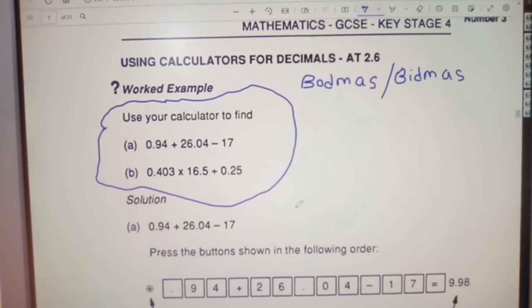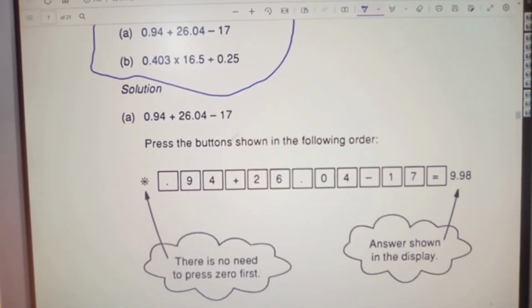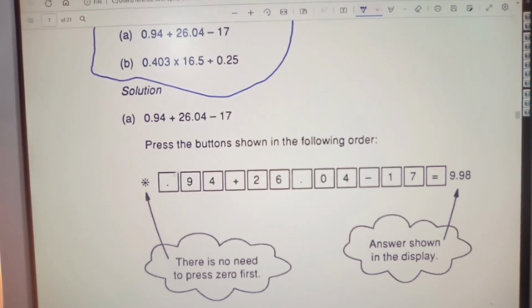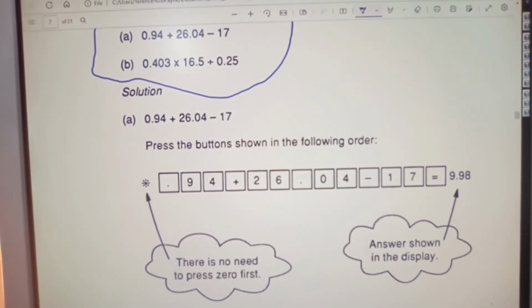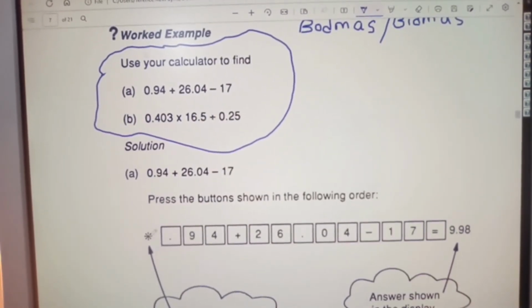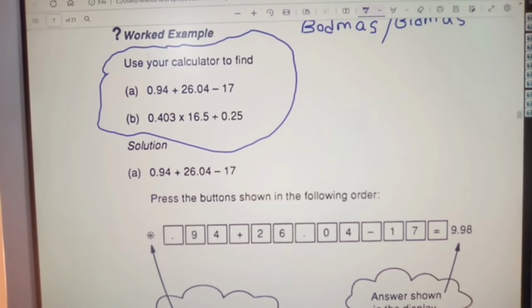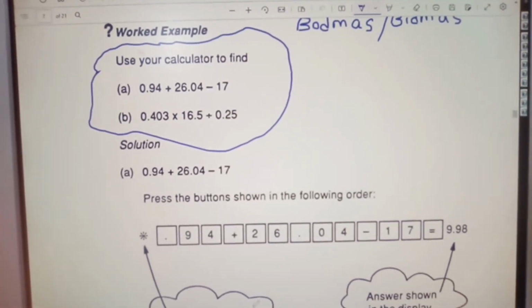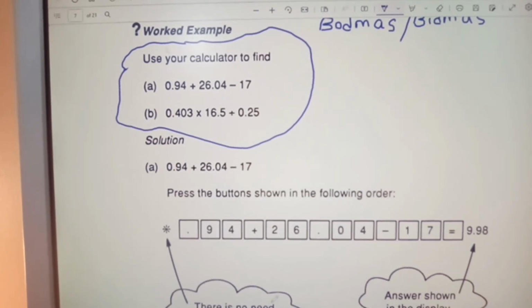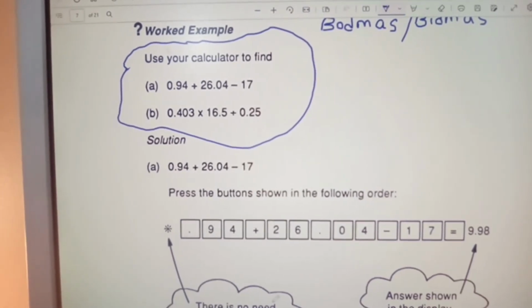I know I've given you these solutions here. Today these may not be applicable on your calculator, so let's look at mine, which is old-fashioned.